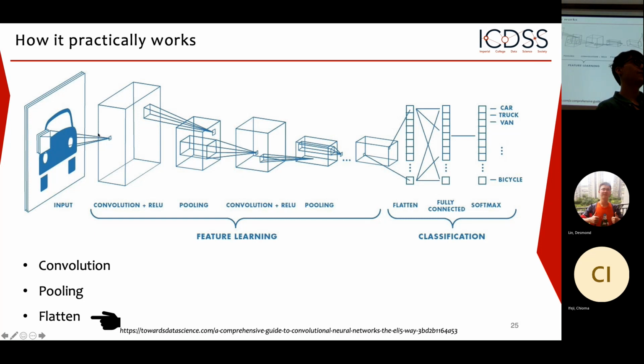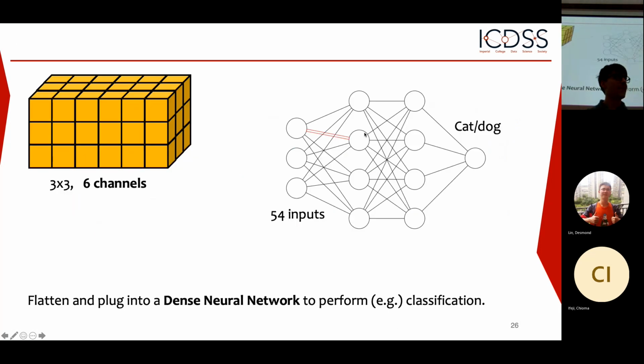In this example, the question is identifying this as a car rather than a truck, a van, or a bicycle. Let's say that we ended up with a 3x3 image with 6 channels after doing all this shrinking and convolution. What we do now is that we flatten this block into a sequence of neurons. I just drew 3 here, but there will actually be 54.